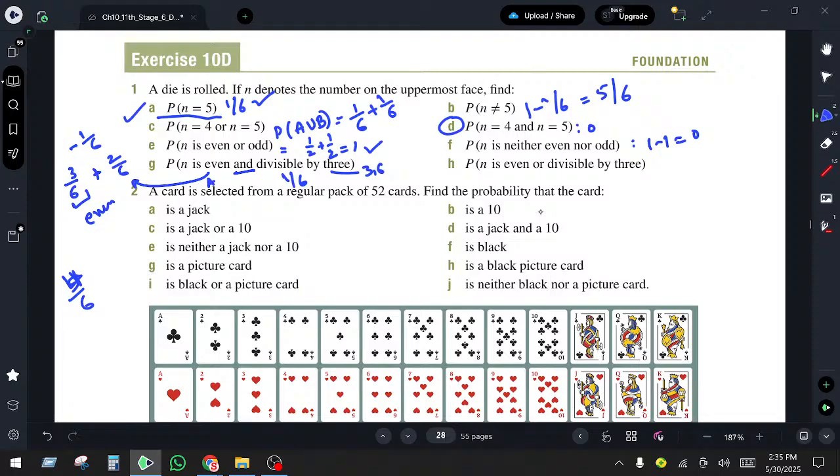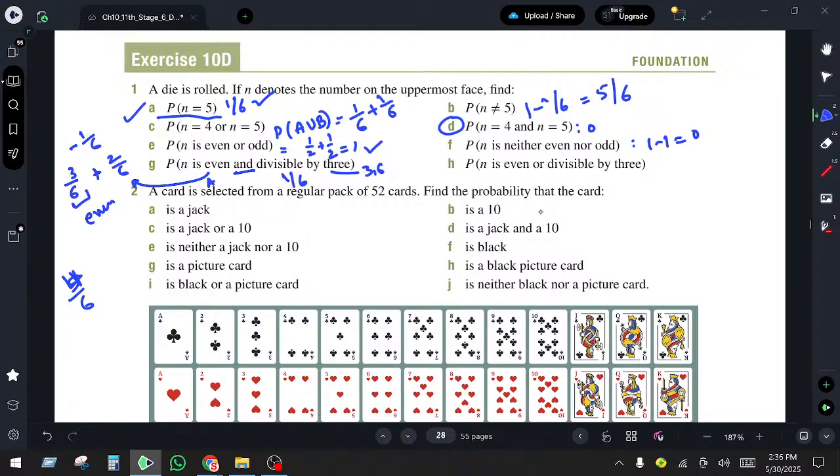It's 2 by 6. Okay. It is A union B, but they are not mutually exclusive. So it is minus A intersection B. We have to do even and divisible by 3 is 6.